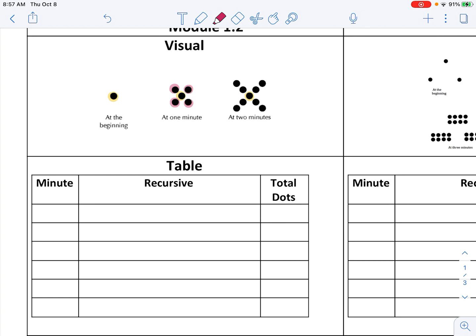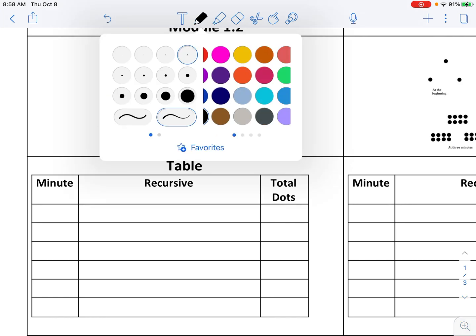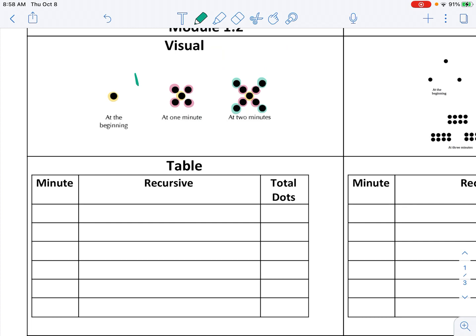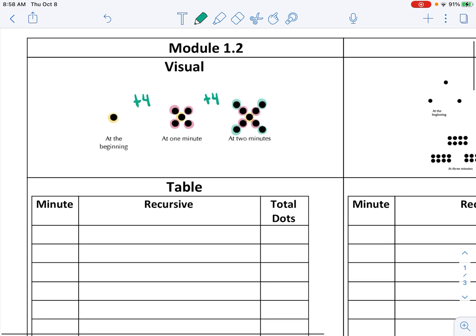Then we added 4 dots at 1 minute. And then we added an additional 4 dots at 2 minutes. So each time we add 4 dots. And what that means is we're talking about an arithmetic sequence.